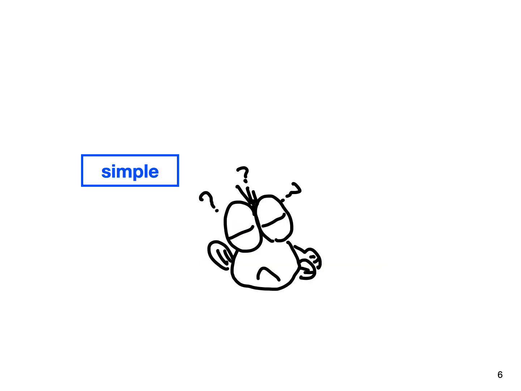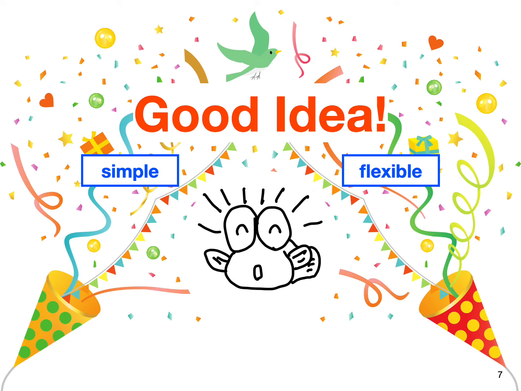This is a simple formulation. This is also flexible because a wide variety of classifiers can be used. It seemed a very good idea to me. It would be the happiest moment for researchers.